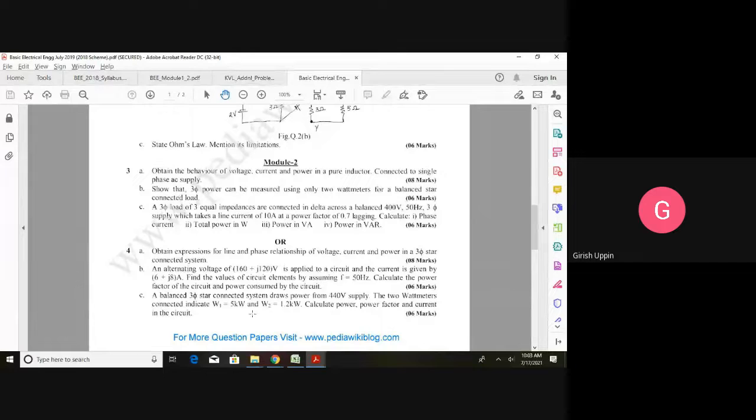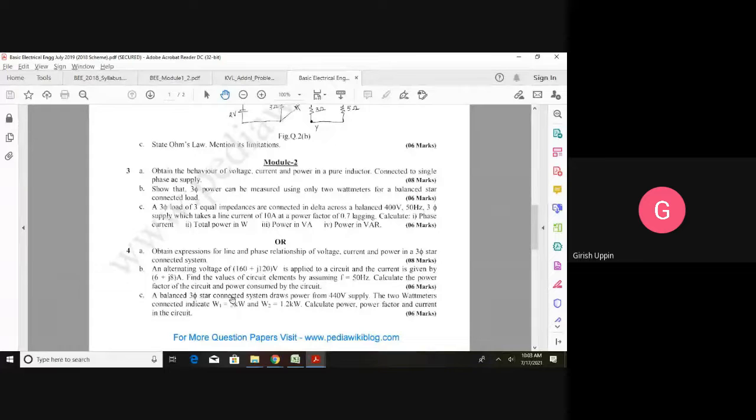Sometimes, in this particular case, they have given W1 as 5 kilowatt and W2 as 1.2 kilowatt. You have to remember, sometimes they won't say which is W1 and which is W2. Whichever is the higher reading, that is W2. W2 will never be smaller than W1.